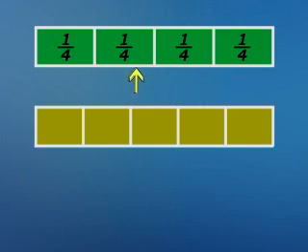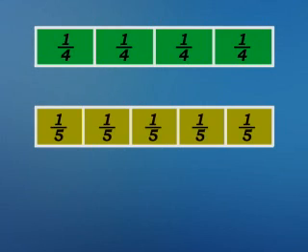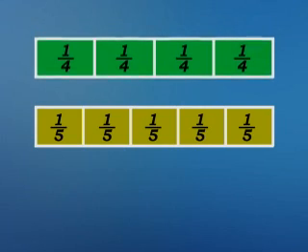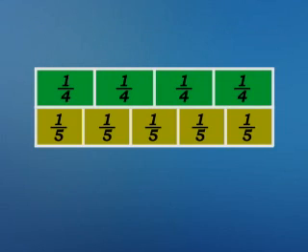So we have 4 quarters and we have 5 fifths. Let's write 1/5 in each box. Now let's compare the quarters and the fifths. Can you see that the 4 quarters are bigger than the 5 fifths? But the boxes are the same.